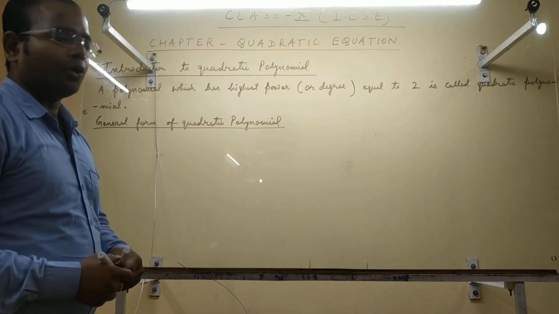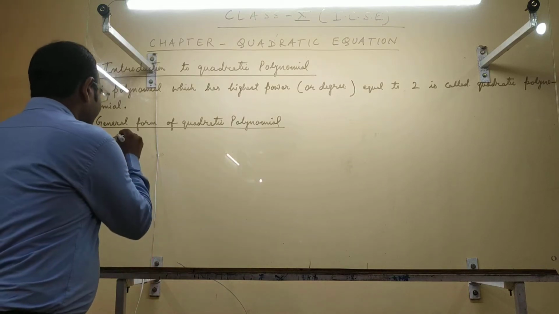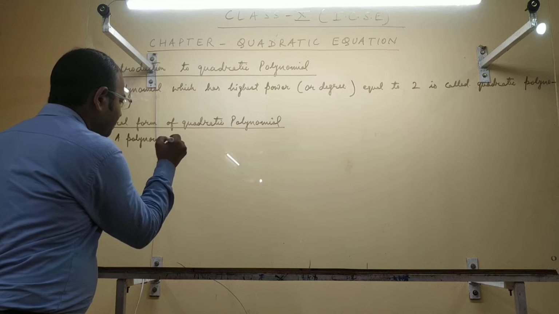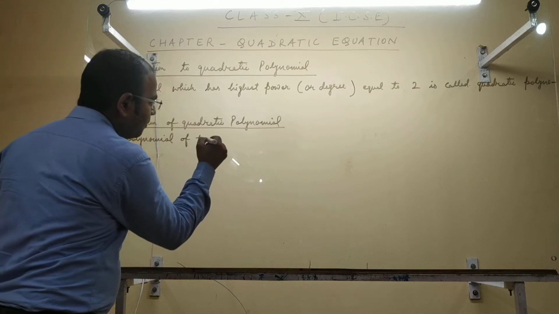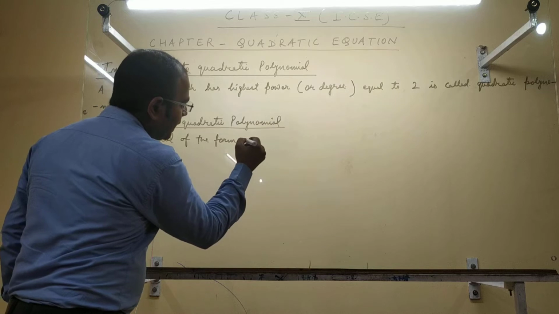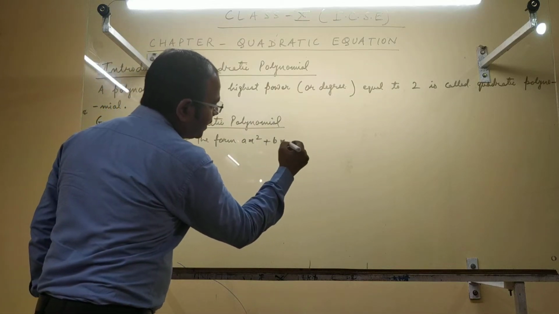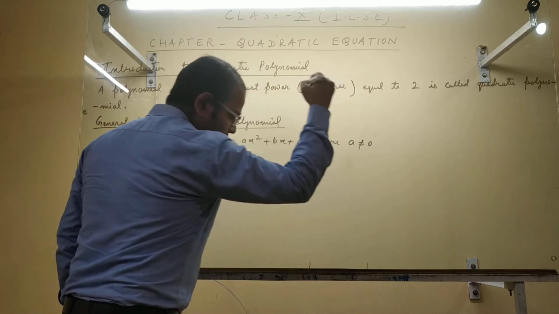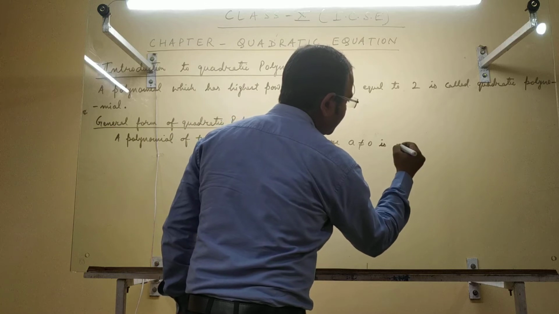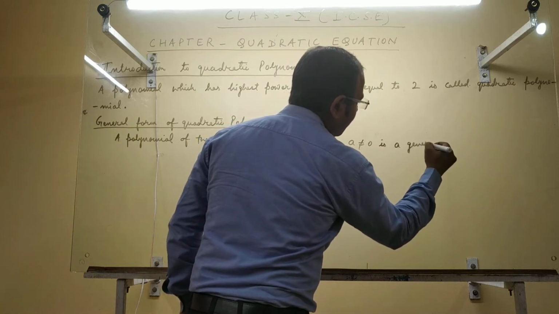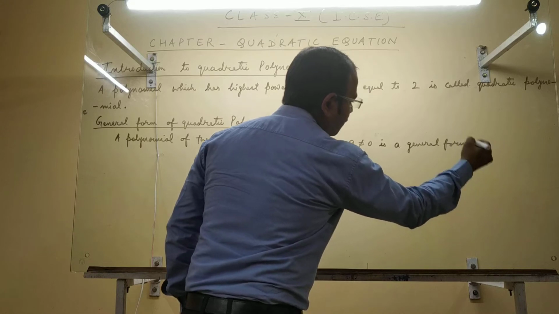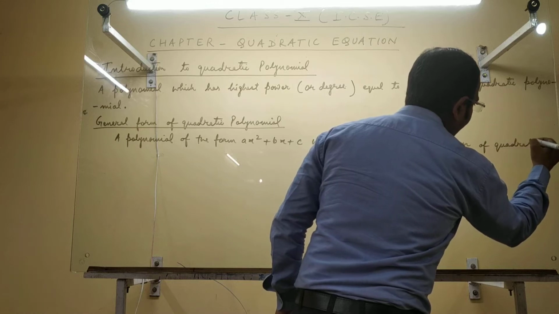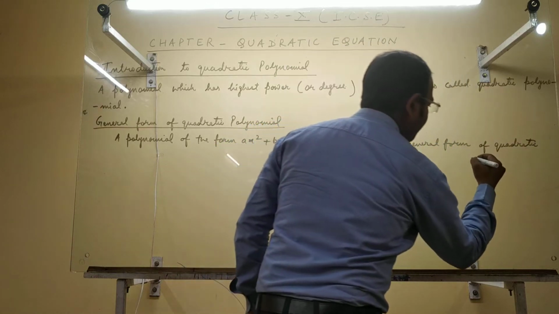General form of quadratic polynomial. A polynomial of the form ax square plus bx plus c, where a is not equal to 0, is a general form of quadratic polynomial.